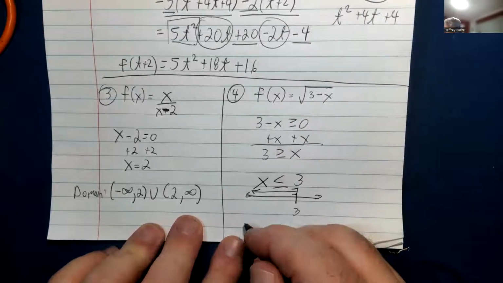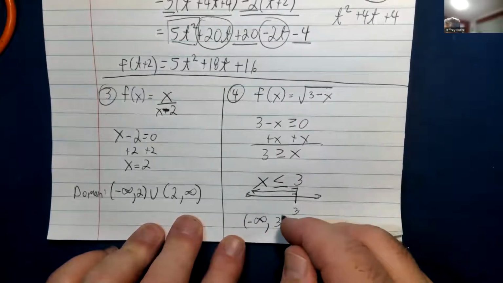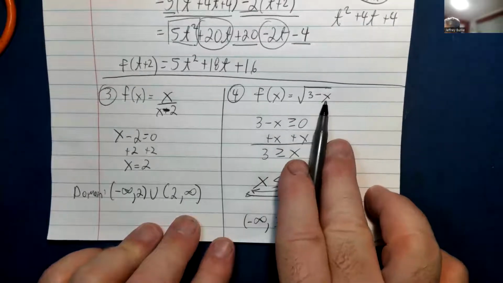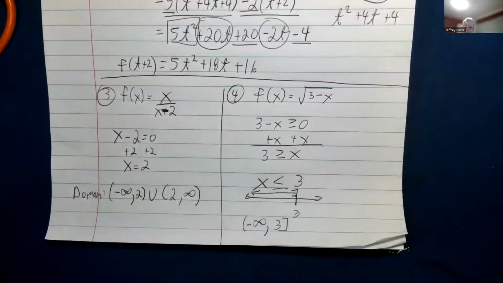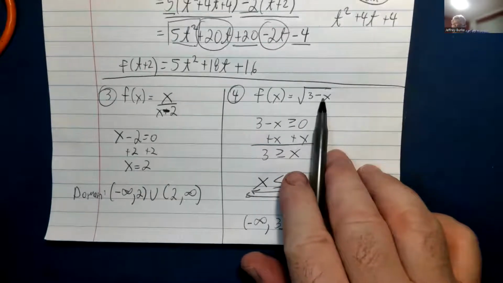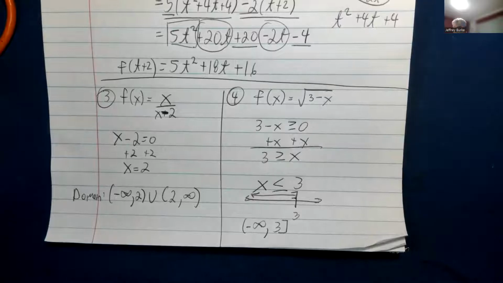And then in interval notation, this is going to be negative infinity to 3 with a bracket, because again, if x is 3, 3 minus 3 is 0, and 3 is perfectly acceptable. But if we have anything greater than 3, for example, like if we have 10, 3 minus 10 will be negative 7. We can't do that. We can't obtain a negative under a radical and have that work.